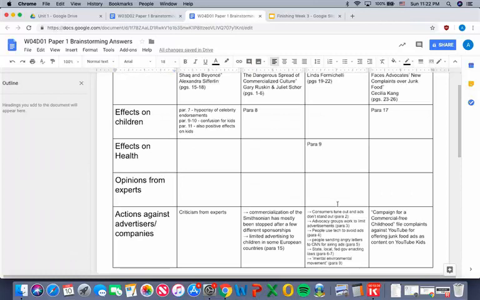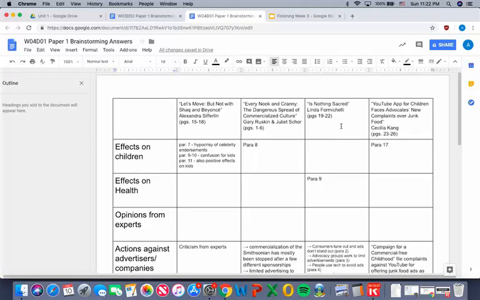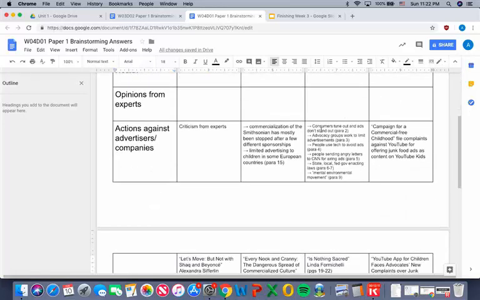Let's go back. For "Is Nothing Sacred" by Linda Formicelli, I added a few different things that have been done against advertisers or companies. First of all, consumers tune out and ads don't stand out. Another thing that came up was advocacy groups work to limit advertisements. People use tech to avoid ads.